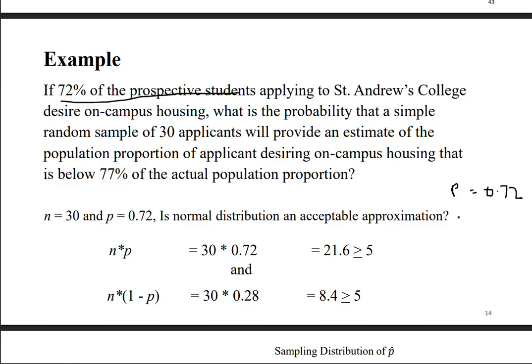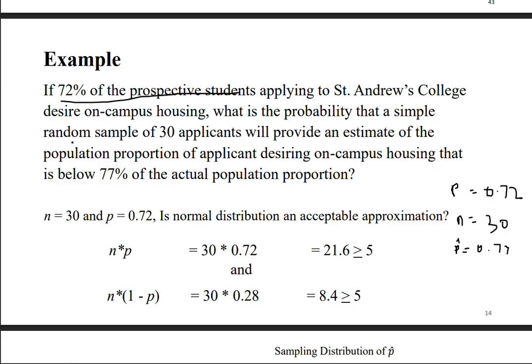When we take a random sample of a specific size, say 30, we want to know the probability that out of this sample of 30, 77%, which is 0.77, will actually desire on-campus housing. So we have the population proportion of 0.72 and our sample size of 30. We want to know the probability that less than 0.77 will desire on-campus housing.